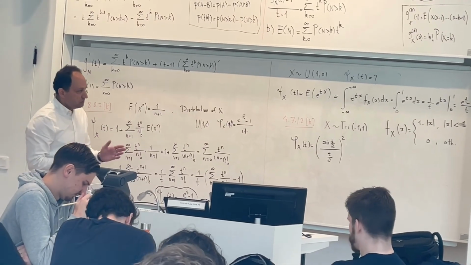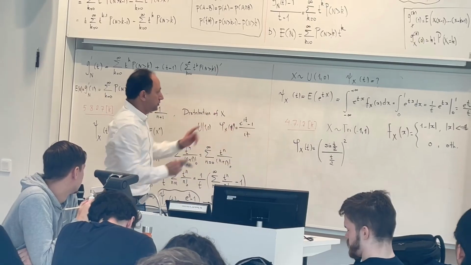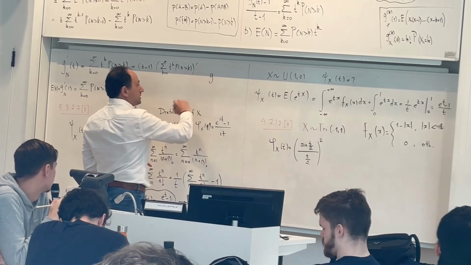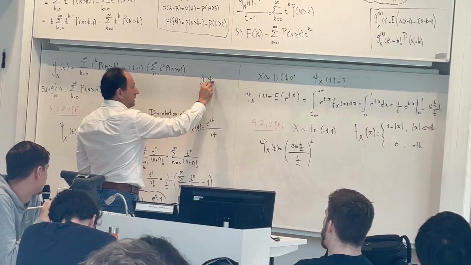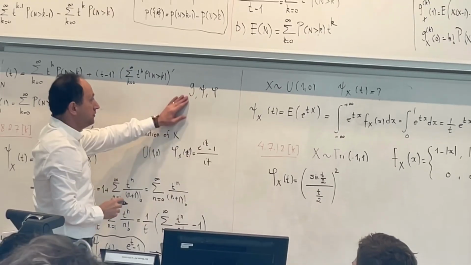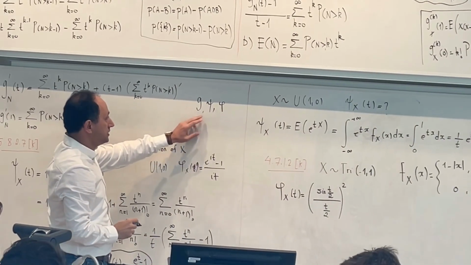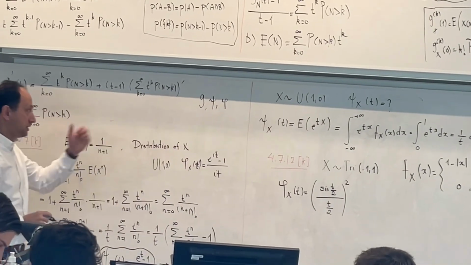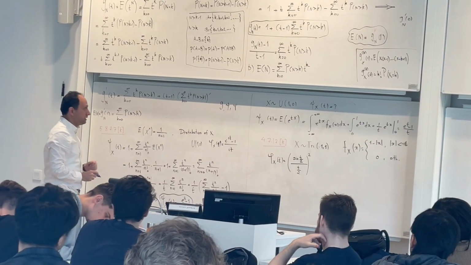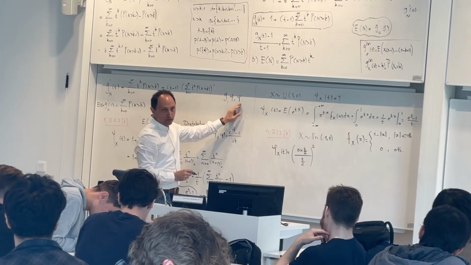Okay, so this we didn't talk about. So in your book, the letters they use are G, psi, and phi. Okay, G for probability generating function, psi for moment generating function, and phi for characteristic function.